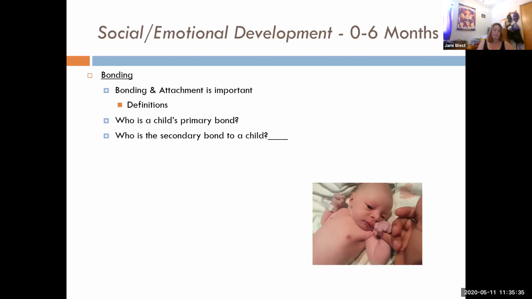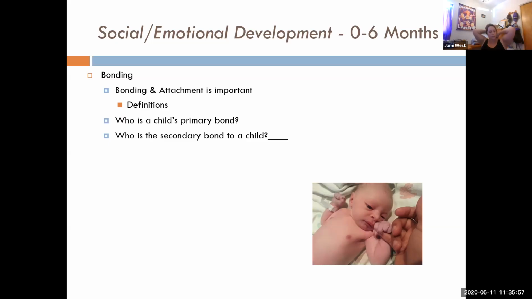All human emotional development is rooted in infancy, okay? It's rooted in how a child bonds and develops an attachment. And the definition for bonding and attachment, two different words, but they're pretty much the same thing.